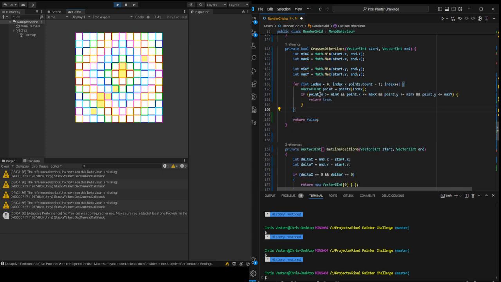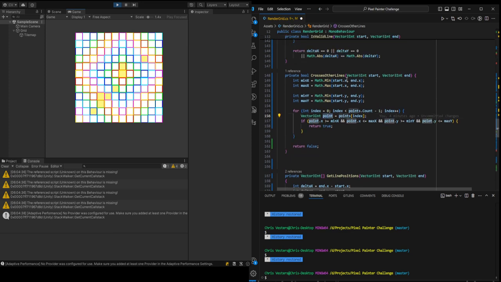Yes, has to be. Okay, points. This is the current points. Let's see this. This is already called start and end. It actually should also be start.